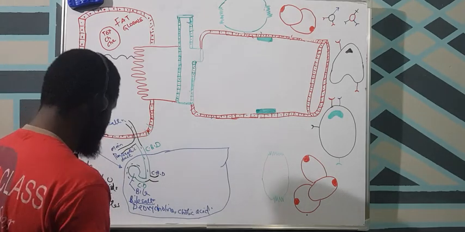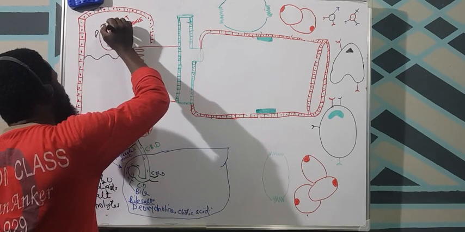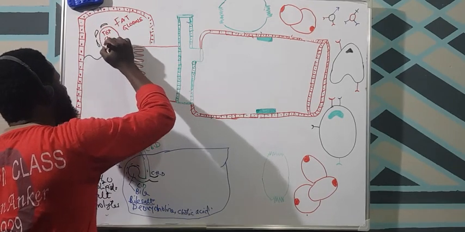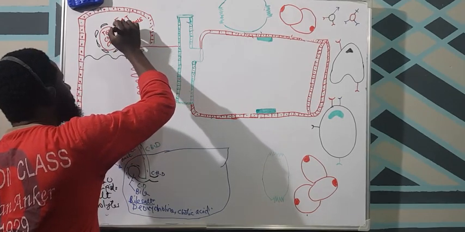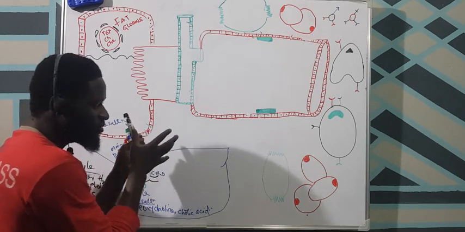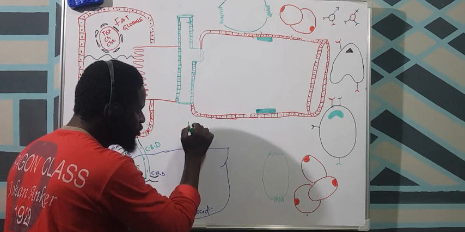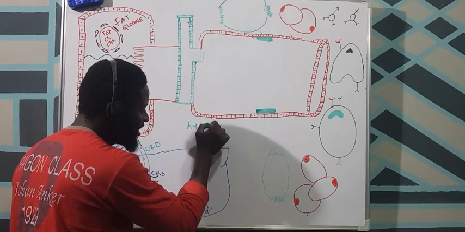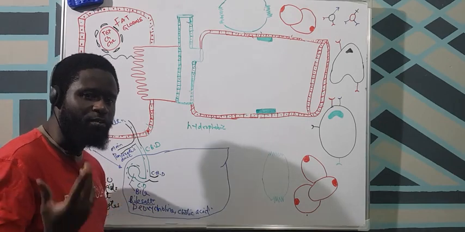So now let's say the bile salt surrounds this fat globule. This is my bile salt surrounding the fat globule. So when it surrounds it, mind you, the bile salt has what we call the hydrophobic portion, or the lipophilic portion.